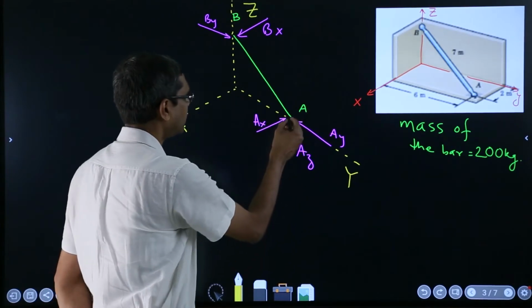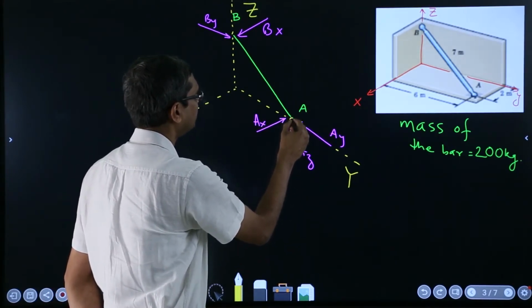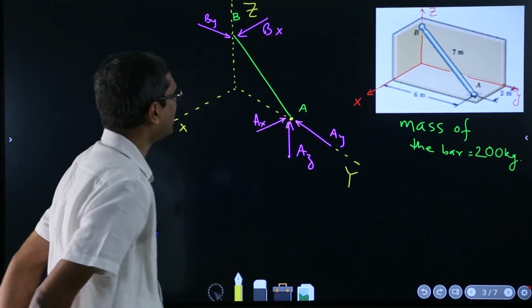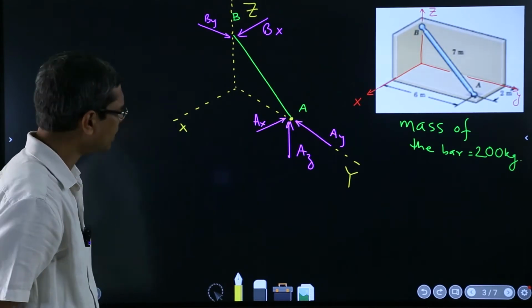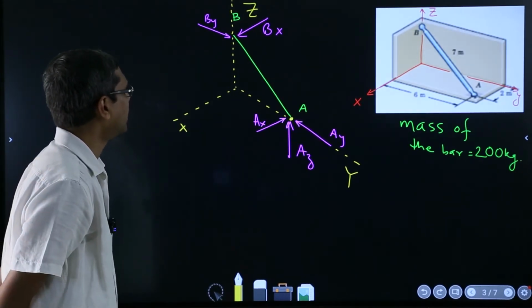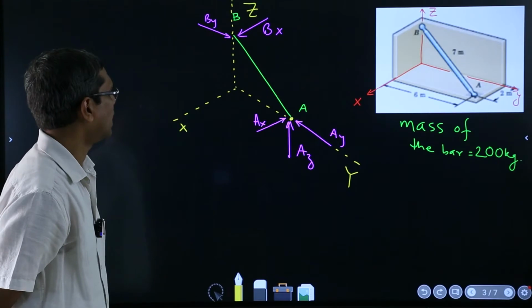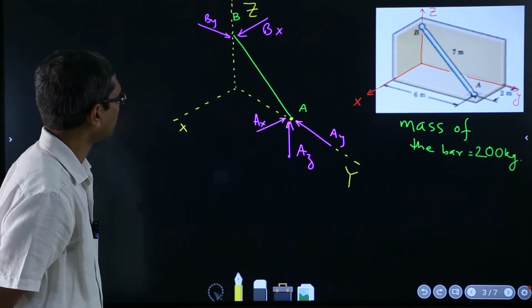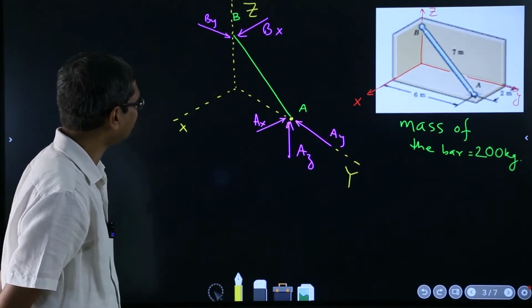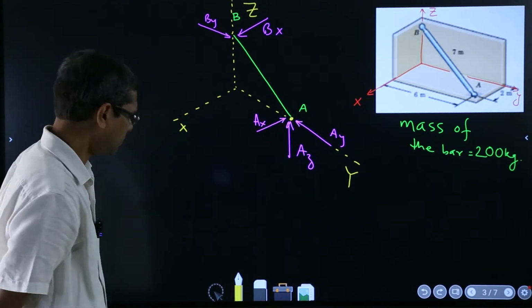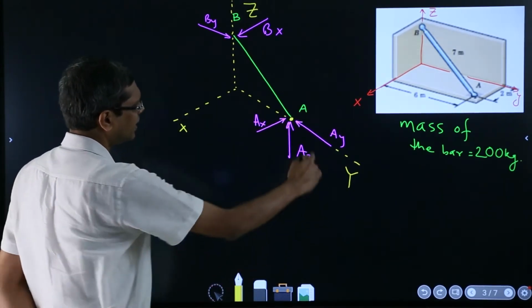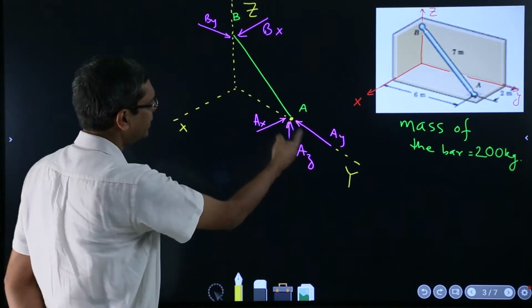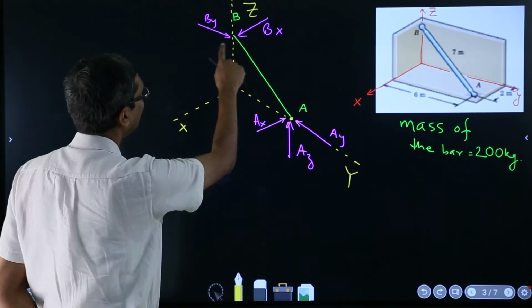For example, if I consider this point, 3 unknowns are passing through it. If I take a moment about that point, we can get rid of 3 unknowns, and we will have only 2 unknowns in that equation.